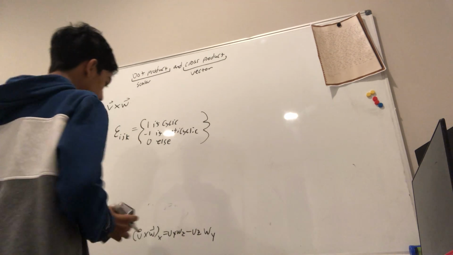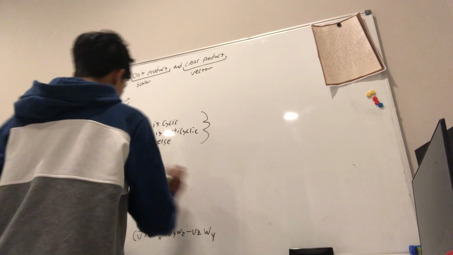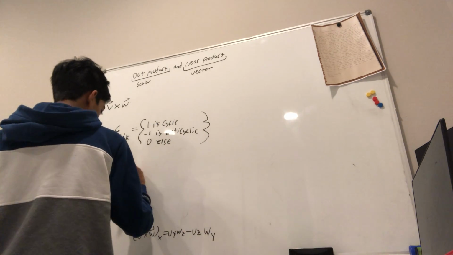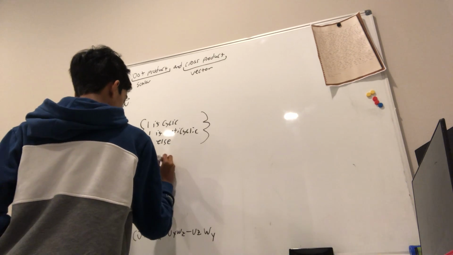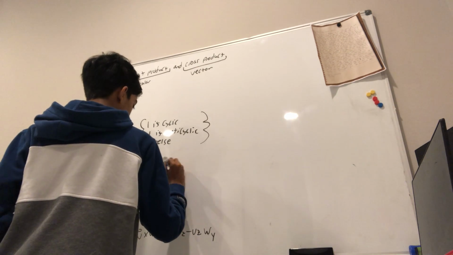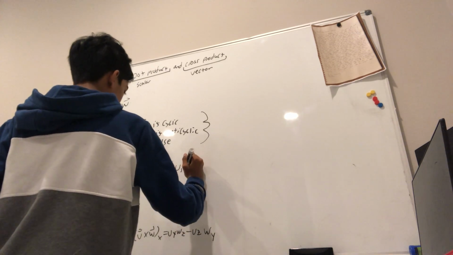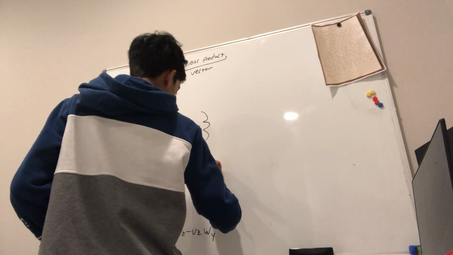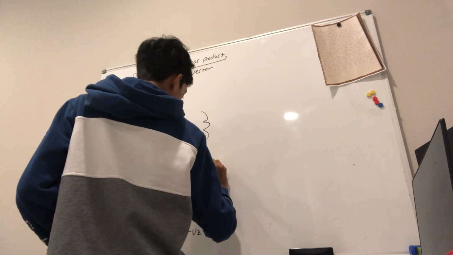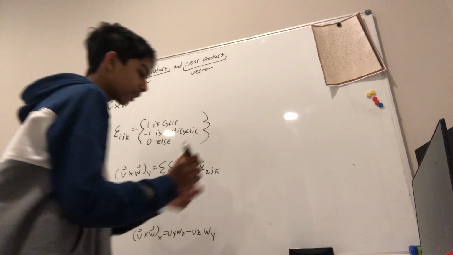So we found our x component, and next we're going to find the y component, which we can derive the exact same way. Sum over j and sum over k of v_j w_k epsilon_2jk. How will we make this one cyclic?